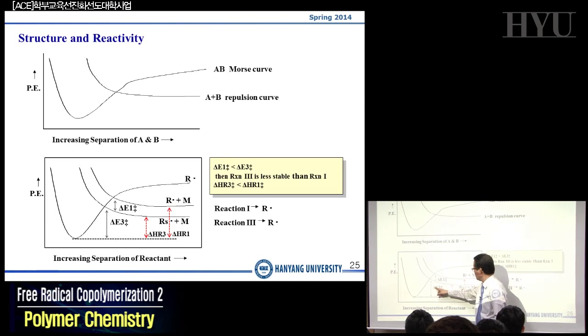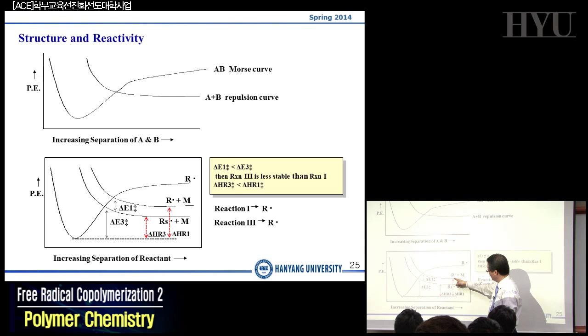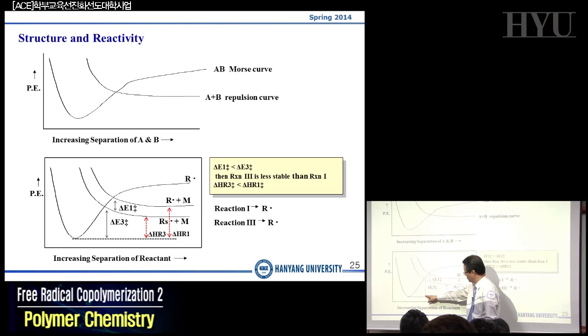The red line is correct. From here to here is delta HL1. Here to here is delta HL3. So please correct, I think I have to move this arrow up to here. This is delta E3.